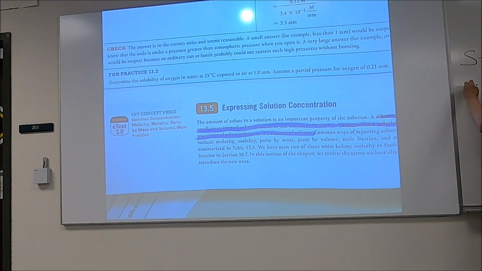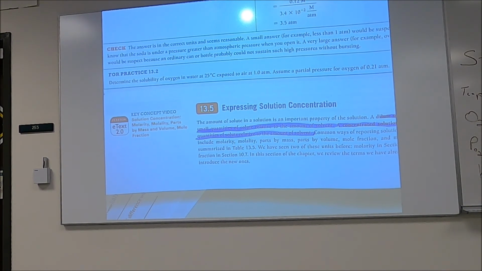And we're given our temperature, 25 degrees C, and we're dealing with oxygen, and the pressure for oxygen is 0.21 atmospheres. Now we're going to have to look up the Henry's law K factor. Okay, and we're going to work off the equation S equals K times P.